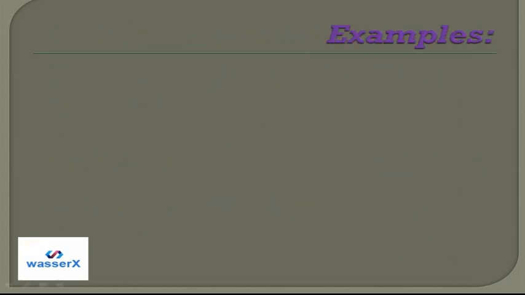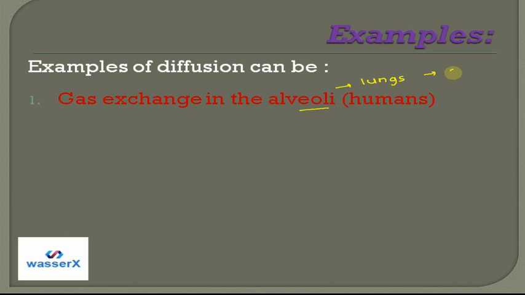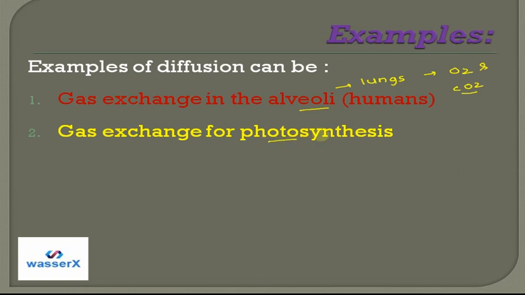Now let's see the examples of diffusion. Examples can be gas exchange in the alveoli of humans. Alveoli are present in the lungs, which are responsible for the transfer of oxygen and carbon dioxide with the blood capillaries. Then gas exchange for photosynthesis that occurs in plants.